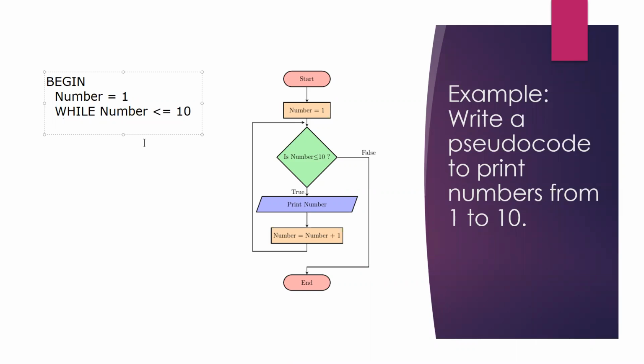If it is true, Amasha, what should we do? Yes, we have to say display. Okay, no double quotes this time. You just say number. If you put double quotes, it will print the word number, not the actual number. So then you increase the number by 1.